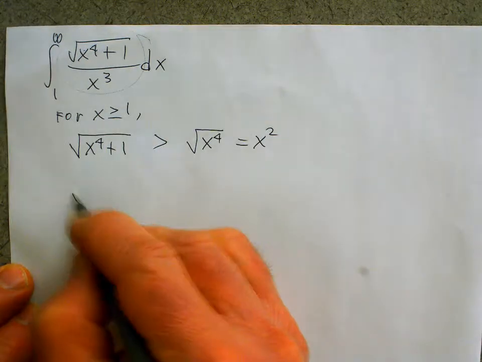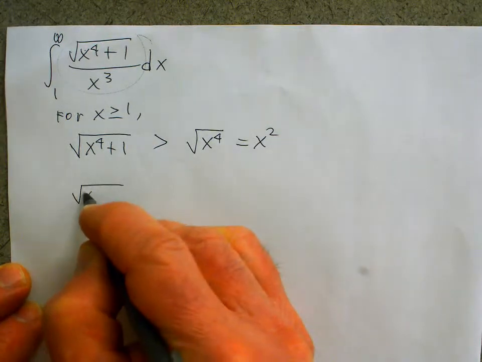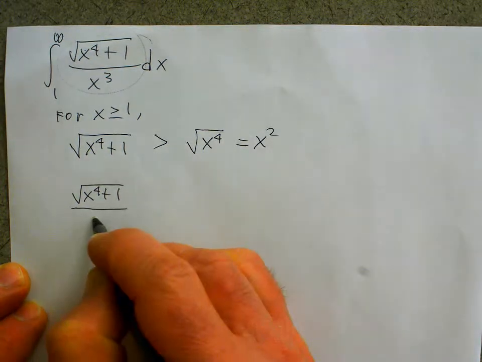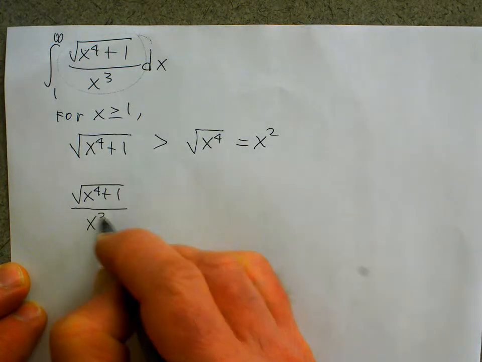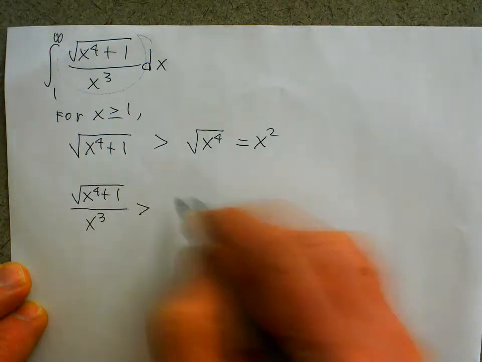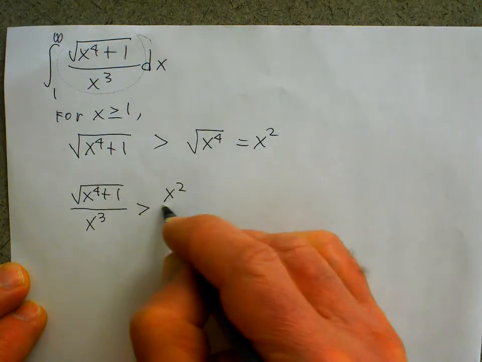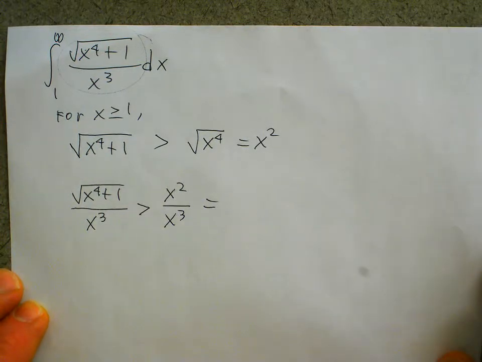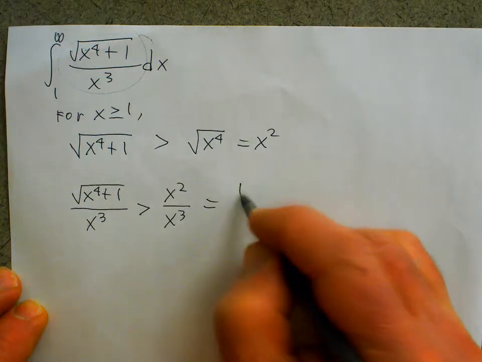So we can say that the square root of x to the fourth plus 1 divided by x to the third is greater than x squared divided by x to the third. But x squared divided by x to the third is 1 over x.